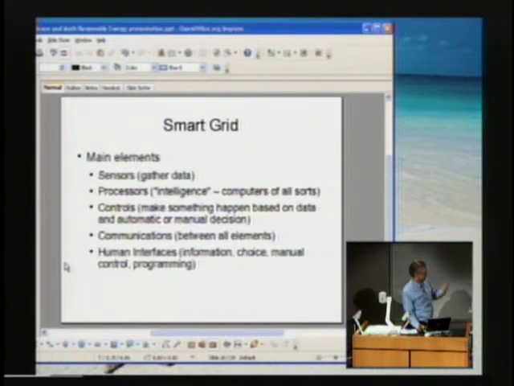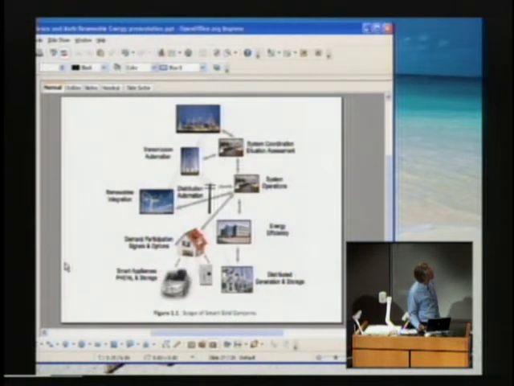And also the people at the power company have to be able to do that as well. These are basically the scope of smart grid concerns, which is a good way to put it. This is the reason behind developing smart grid technologies.